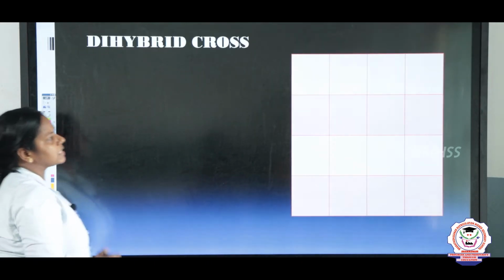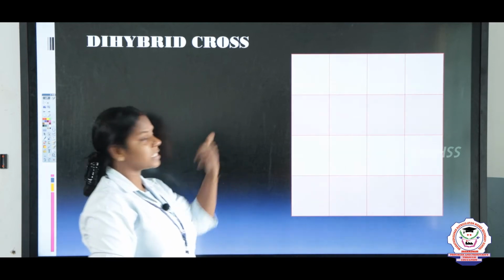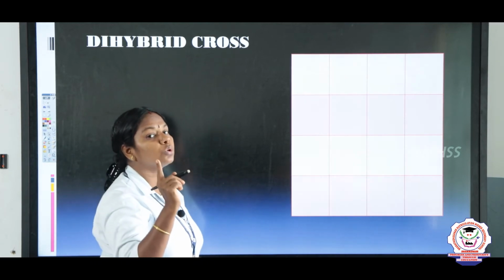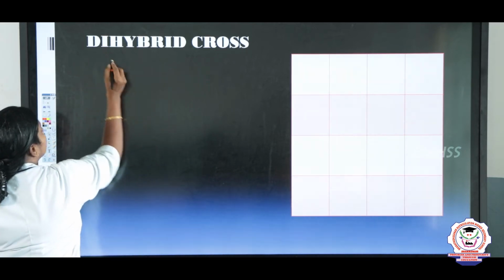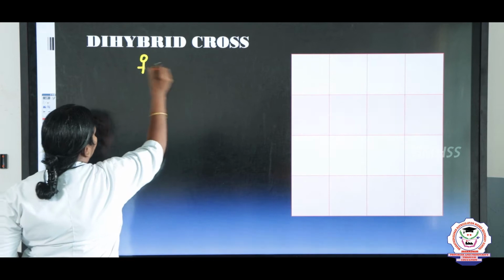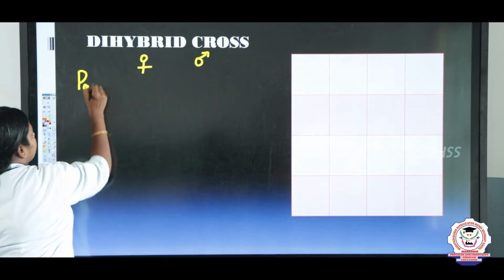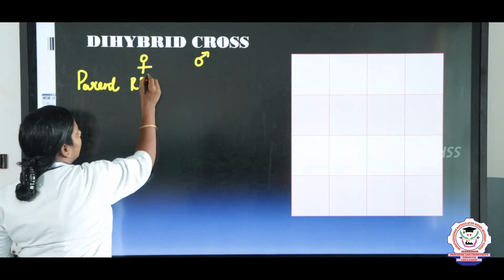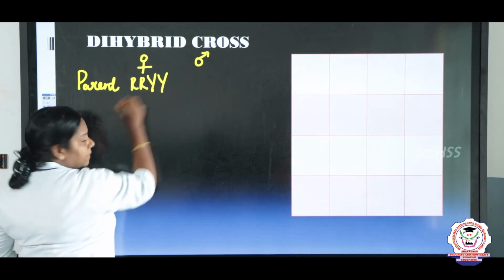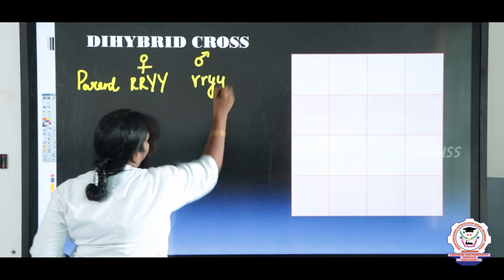And now we are going to see about the dihybrid cross. Okay, children, what is the dihybrid cross? It involves two parents. So, now we can see the parents are diploid, a female and a male, right? Parent capital R, capital R, capital Y, capital Y, small r, small r, small y, small y, right?